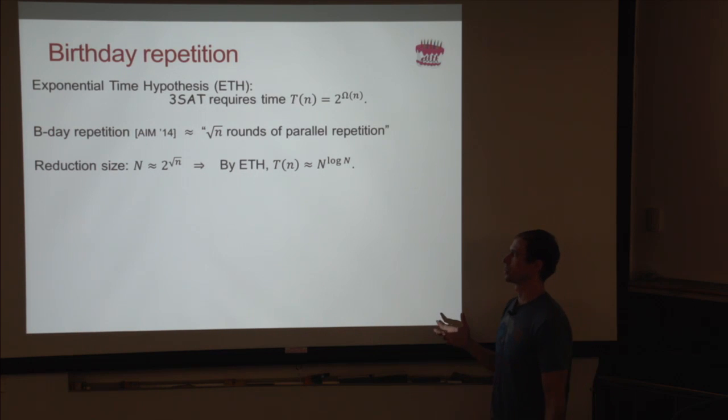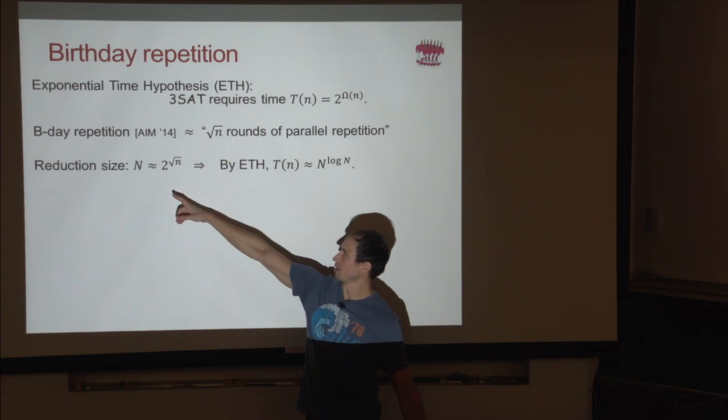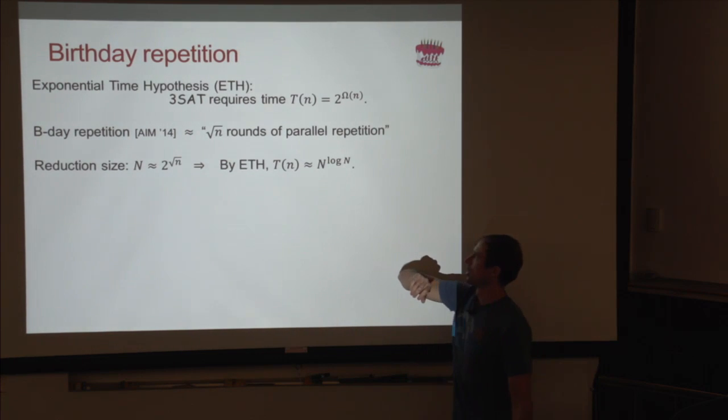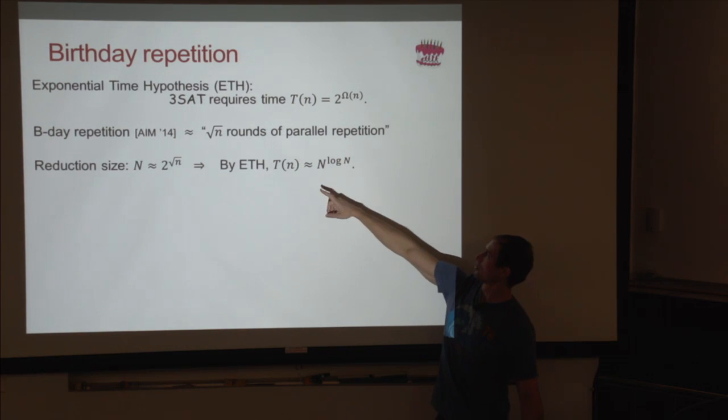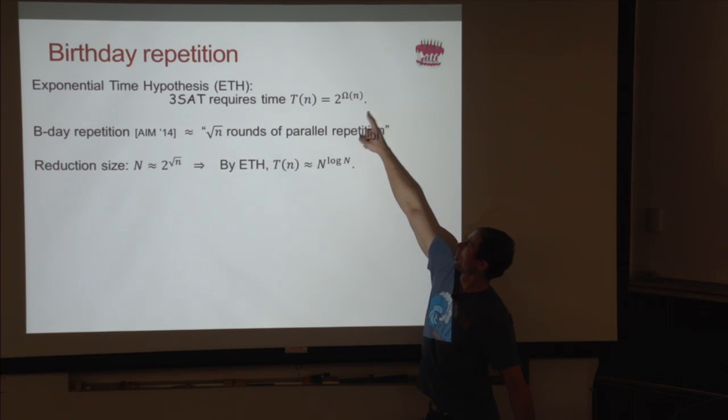And what we get is the reduction size, capital N, which is like 2 to the root n. And by ETH, if you do the math, this is 2 to the n, like n to the log n, like big N.